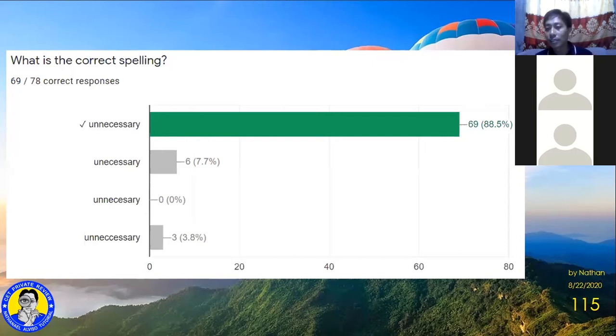Unnecessary, again, another problematic word for me. It is a combination of the negative prefix un, and then the word necessary. So always remember, since it's two separate words combined, there should be two N's in it.